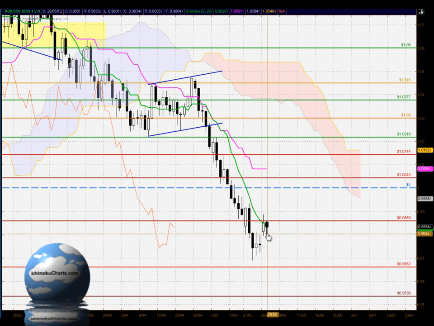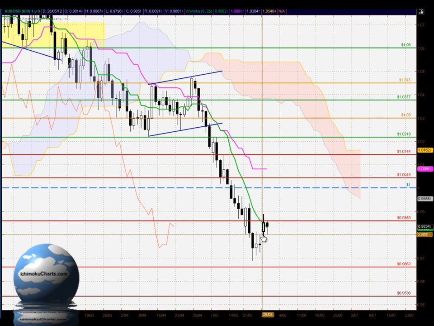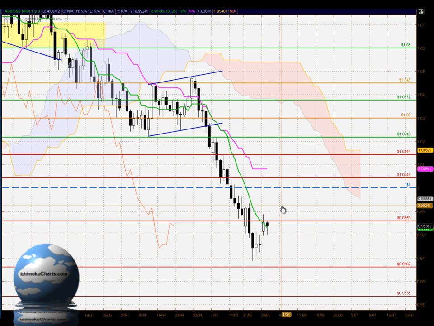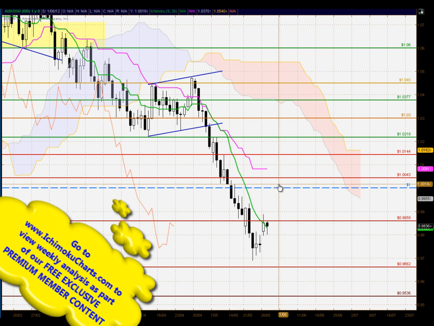To the downside, if we do see this market sell off, then obviously we have very strong support down around the swing low around 96.88, and then at 96.62, which was an important area of previous support as well. If the market does continue to rally through the 98.59 level and above the previous high, then we do have very strong resistance at the round number $1.